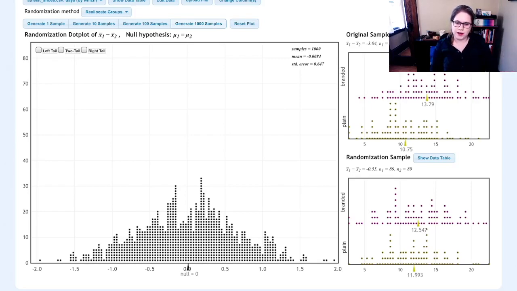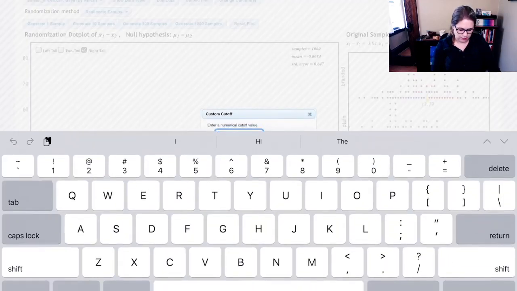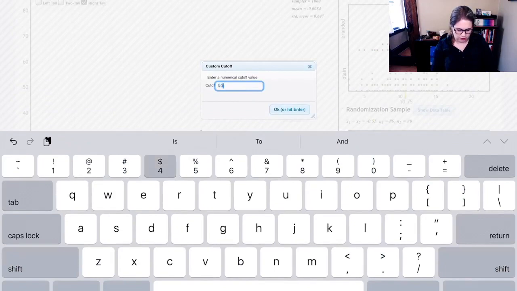If I wanted to, I could actually ask StatKey to tell me how extreme that number was. So 3.04 would be off on the right tail. So I'm going to click the right tail button, and then I'm going to change this 1.207 to 3.04.